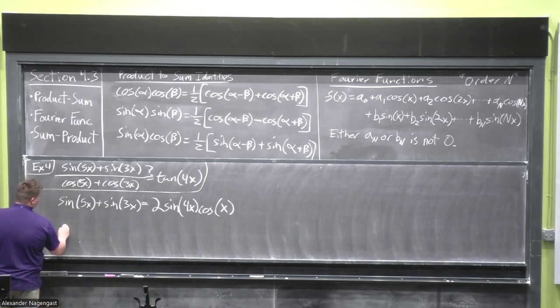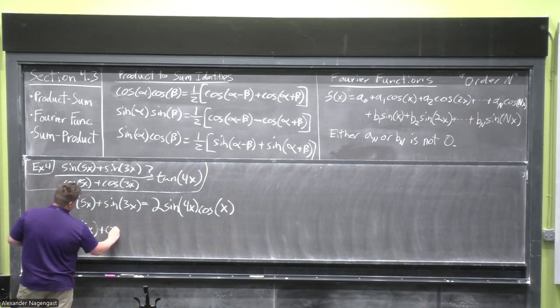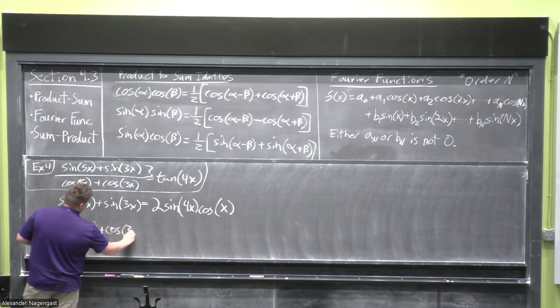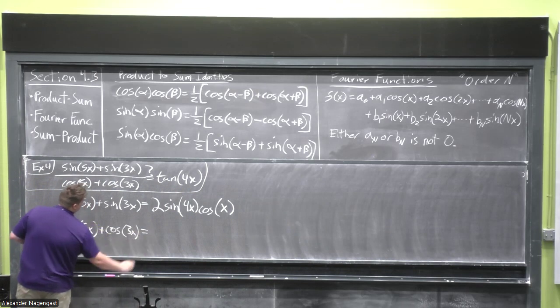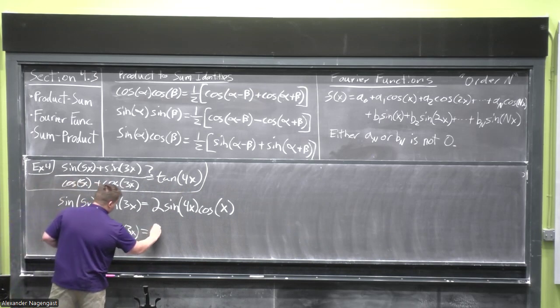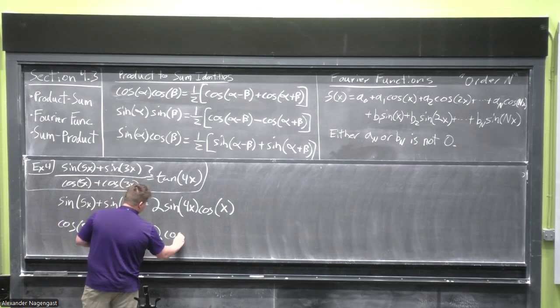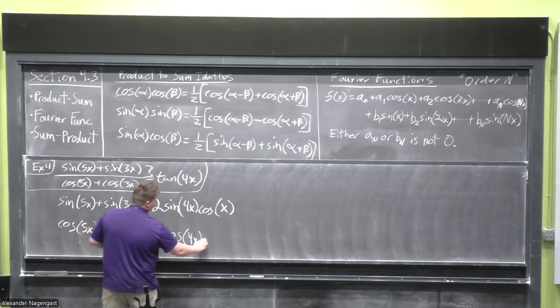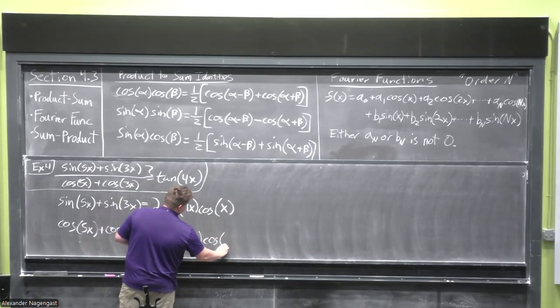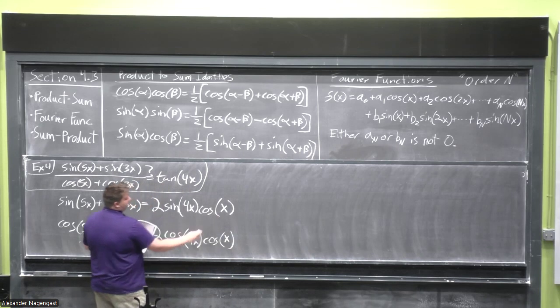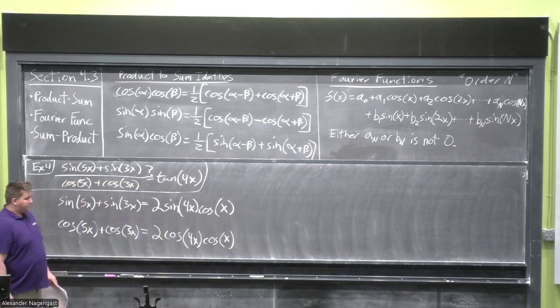And now when I take a look at the bottom, I have cosine of 5x plus cosine of 3x is equal to, and we'll have 2 times cosine of the same value, 4x, times cosine of the same value as above, x.